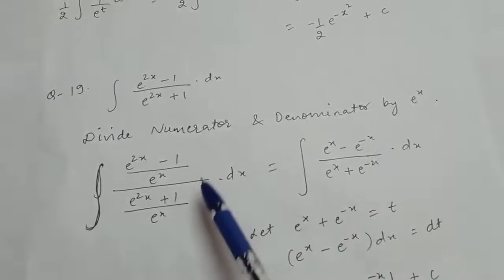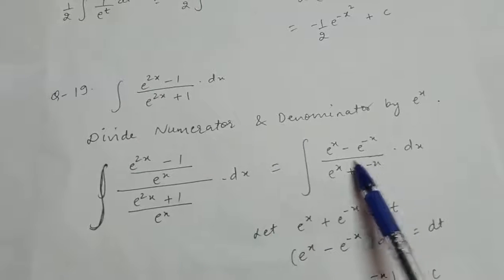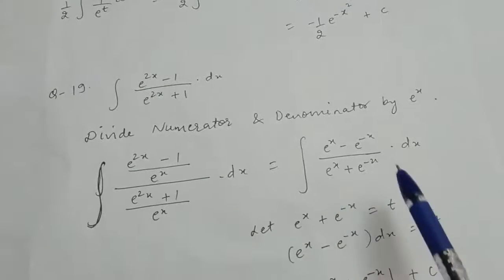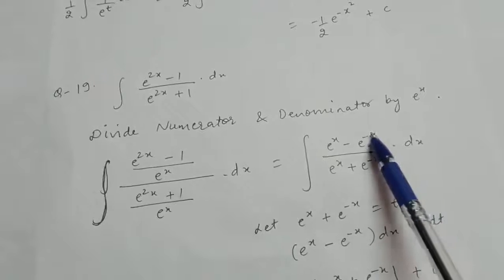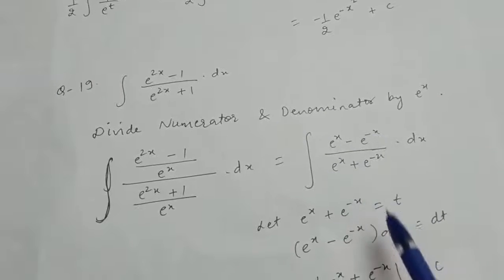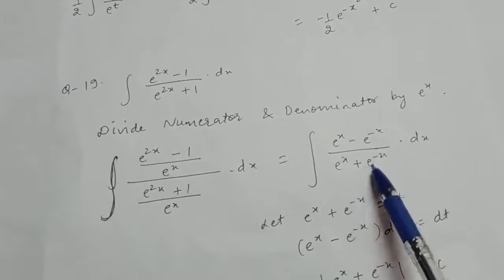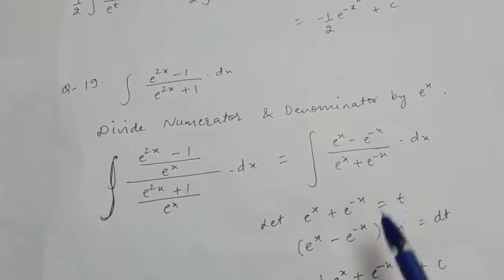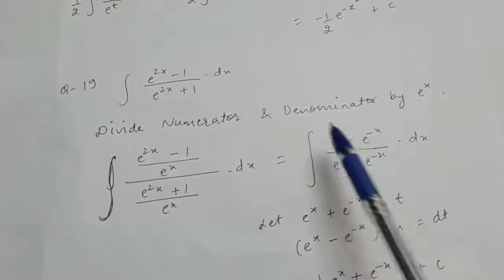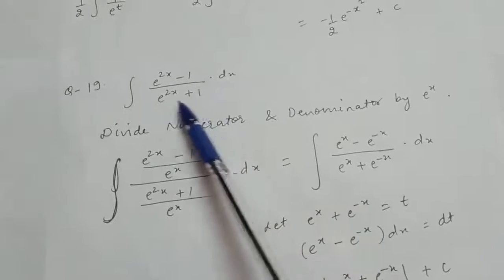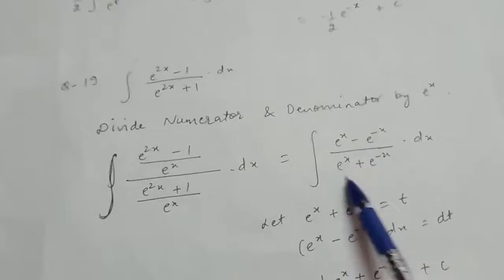See why we did this? Because now if you take the denominator as equal to t, then you will get the numerator only. The derivative of the denominator is the numerator. That's why we try to change this function into this type of function.